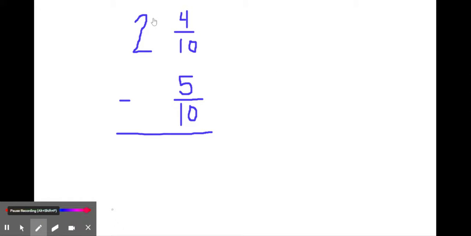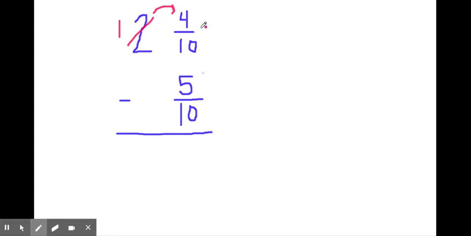We're going to borrow from the 2, and this is going to change into a 1, and we have to bring over 1 to 4/10, but we can't just simply add 1 to 4/10. We have to change it to a fraction since we're adding fractions together.